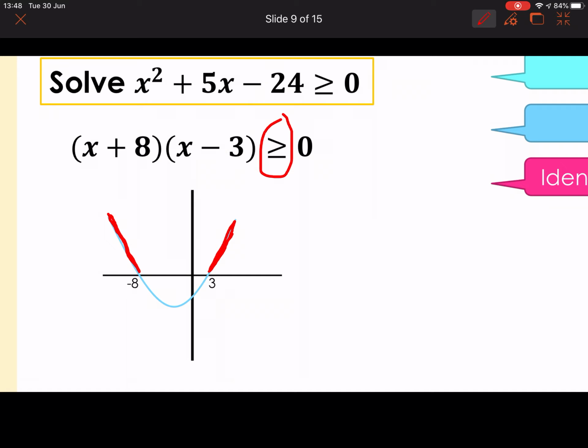Or you might have seen it as f of x equals x squared plus 5x minus 24. Basically it just means the function, and normally it's the y value, that's the output. So we want the bit where it's greater than or equal to 0, so that means it is above the x-axis.